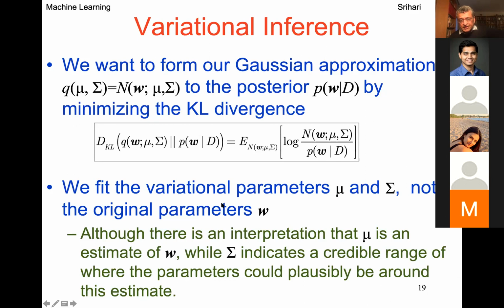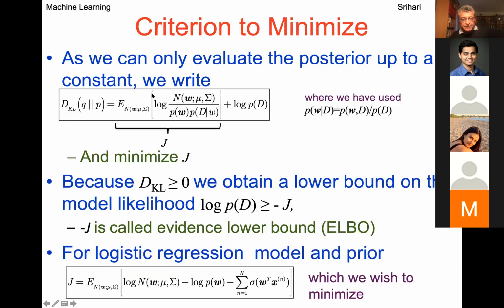So it says find the mu and sigma that best fit, that is, the best possible Q for fitting your data, PD. The criterion to minimize is this quantity.